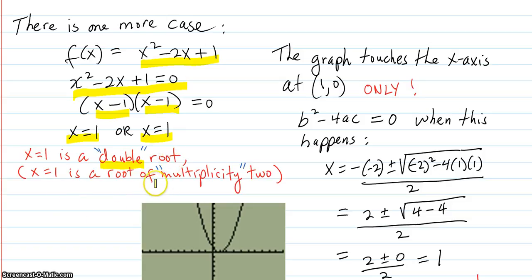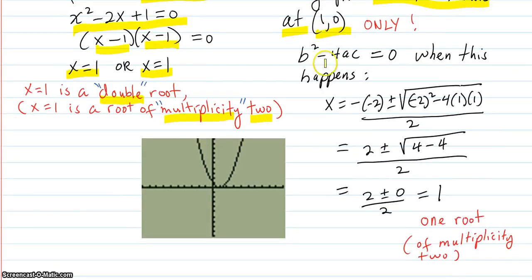A more sophisticated term for that is a root of multiplicity 2. It occurs twice. What happens in this case with the graph? The graph touches the x-axis only at one point, (1, 0). So what happens with the discriminant? It equals 0 in that case.